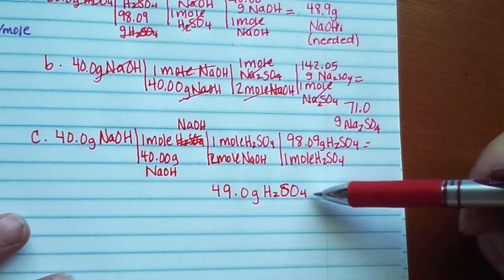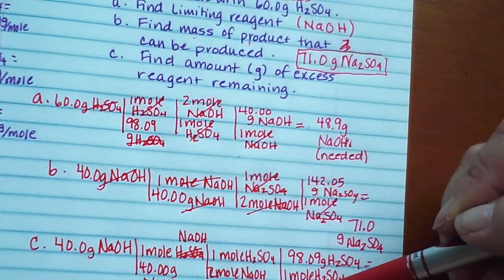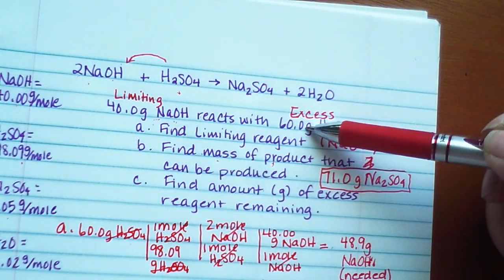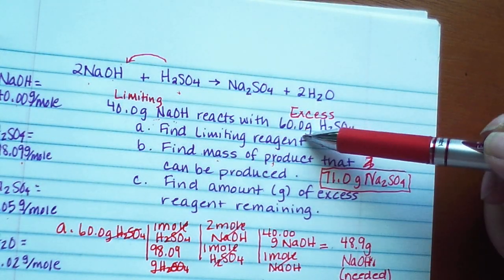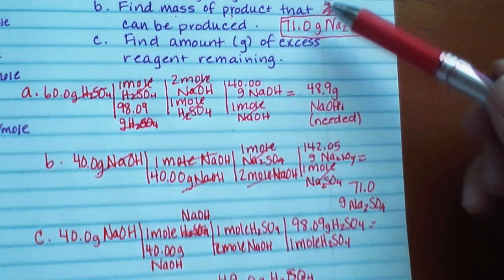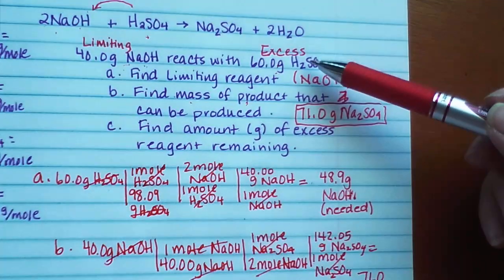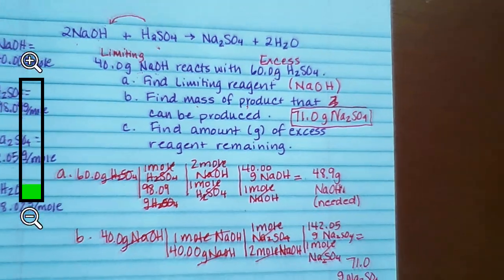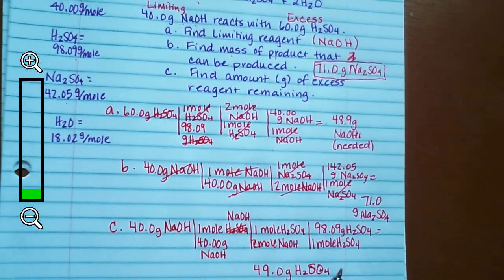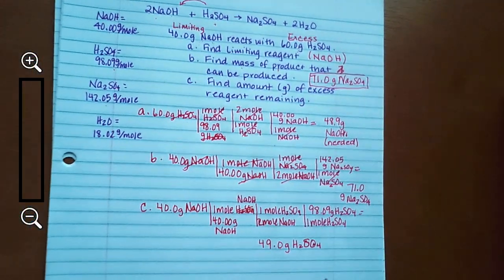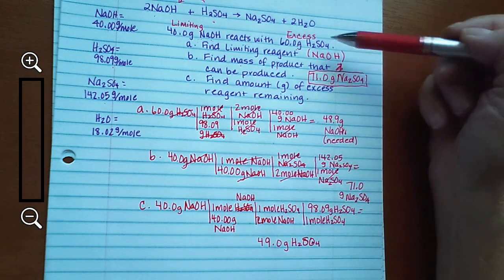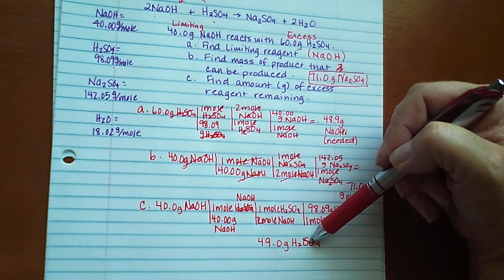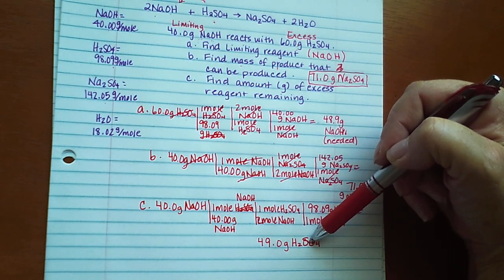As you can see, I have more than enough sulfuric acid because I was given 60 grams, which confirms that the sulfuric acid is excess. It says you only need 49 grams and you were given 60. So it is excess.